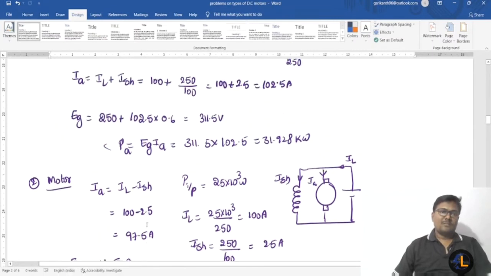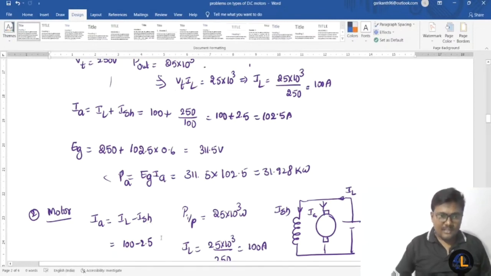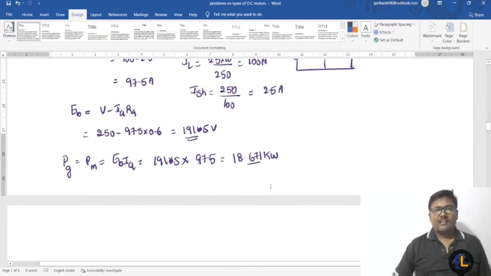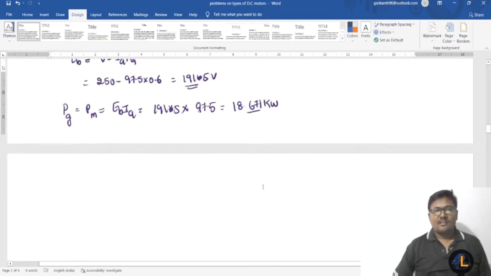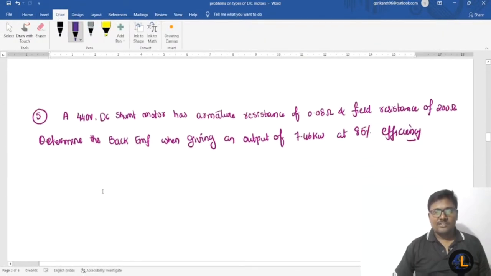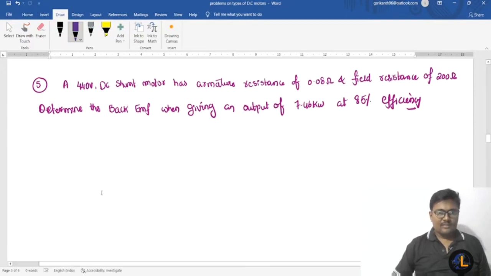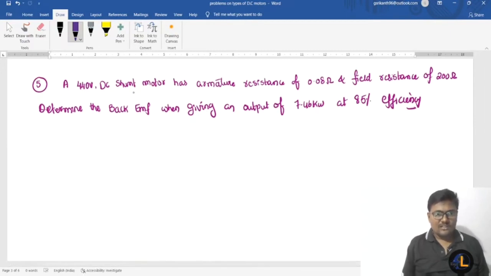Observe that the same problem can be operated as a motor and can be operated as a generator. The power developed in armature for this problem is 31.928 kilowatts, and if it acts as a motor, the power is 18.671 kilowatts.